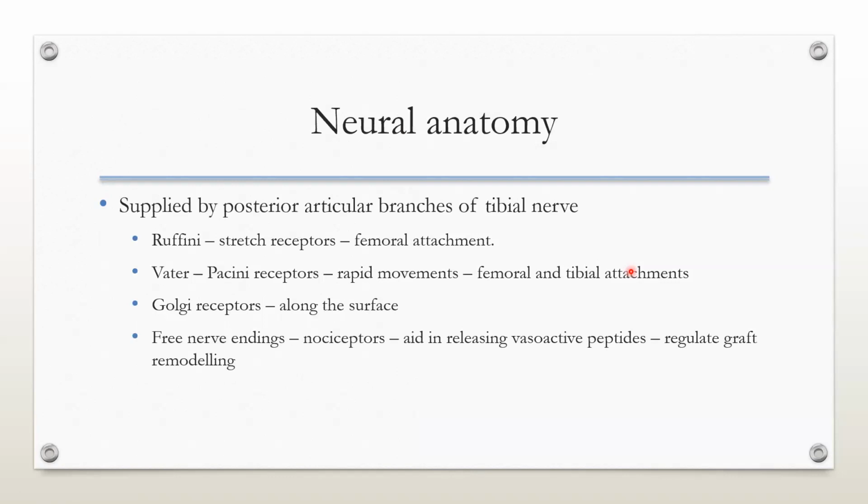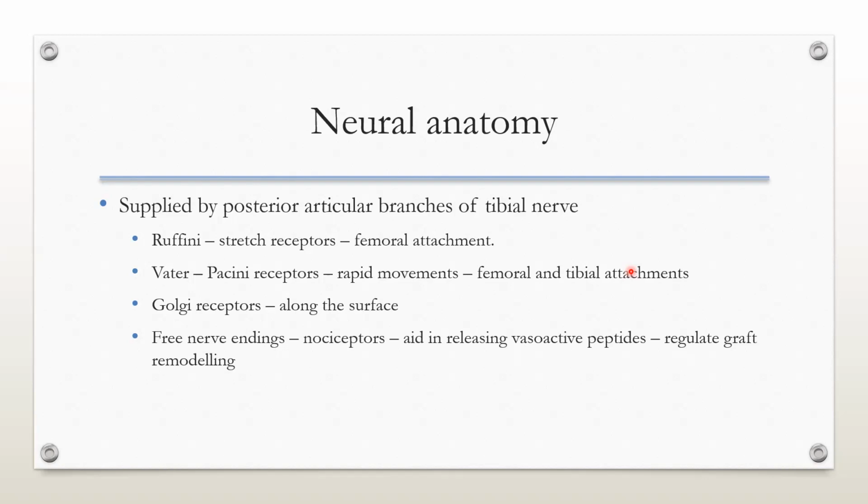Quickly about the neural anatomy of the ACL. It is supplied by the posterior articular branch of the tibial nerve. The ACL is filled with numerous mechanoreceptors, each with specific functions. There are Ruffini receptors, which are predominantly involved in detecting stretch of the ligament and are found in the femoral attachments. The Pacini receptors detect rapid movements and are seen in both the femoral and tibial attachments.